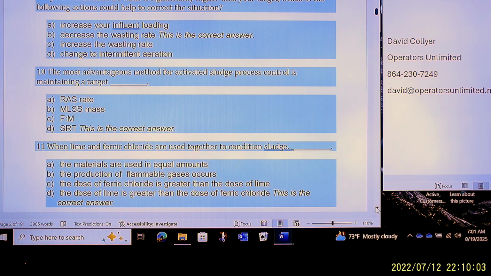The answer to number 9 is B, decrease the wasting rate. If your F to M is significantly higher, you have more food than your microorganisms. So reducing your wasting will grow you more microorganisms.